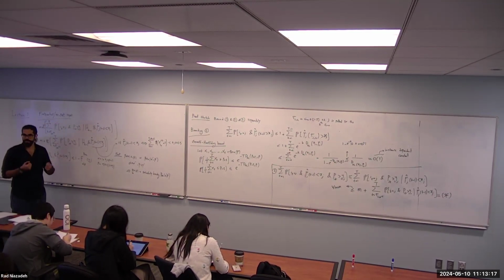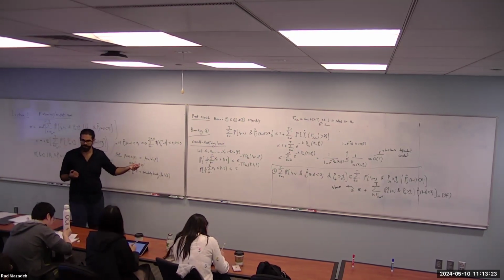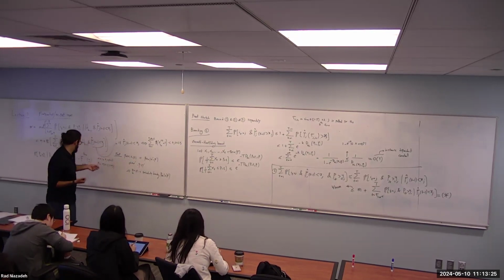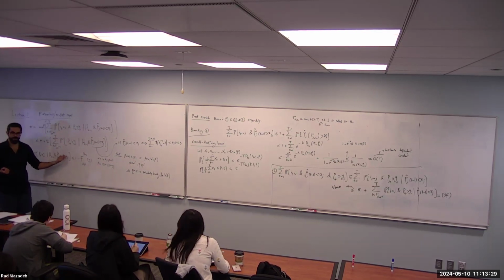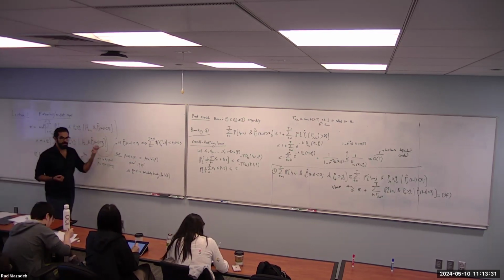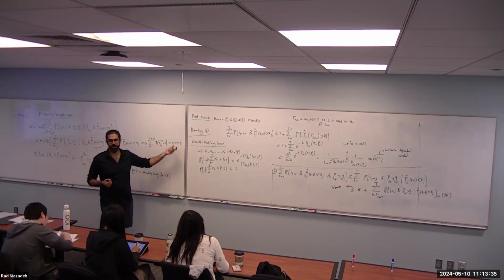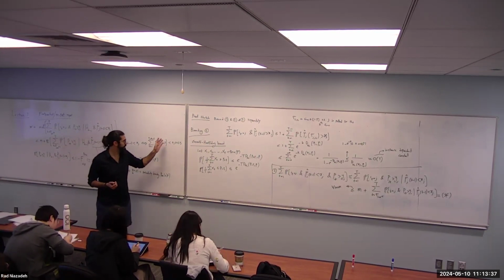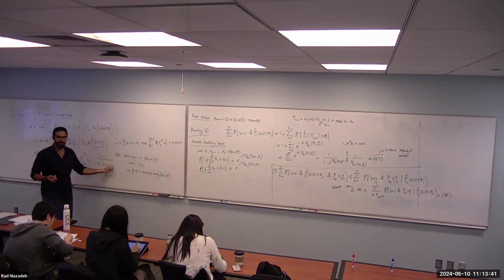So how many ones I have seen and how many zeros I have seen for this arm define the parameters of the corresponding beta distribution. I know that if I'm conditioning on those sample paths in which mu hat jt minus 1 is smaller than xj, the number of ones I have seen is smaller than this quantity. And therefore, the number of zeros I have seen is going to be at least nj t minus 1 minus this quantity, which is nj t minus 1 times 1 minus xj.